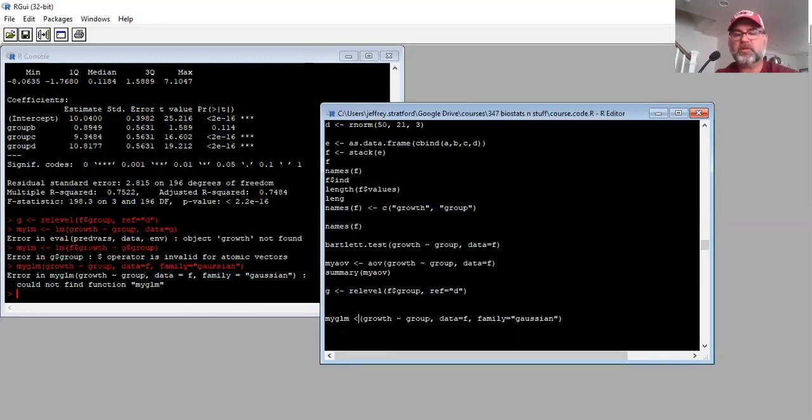The function is GLM, my object is called my GLM. So again, my GLM is just an object. You can call it whatever you want. It's GLM, your response by your factor. You indicate the group, and then what the distribution of residuals is expected to be.